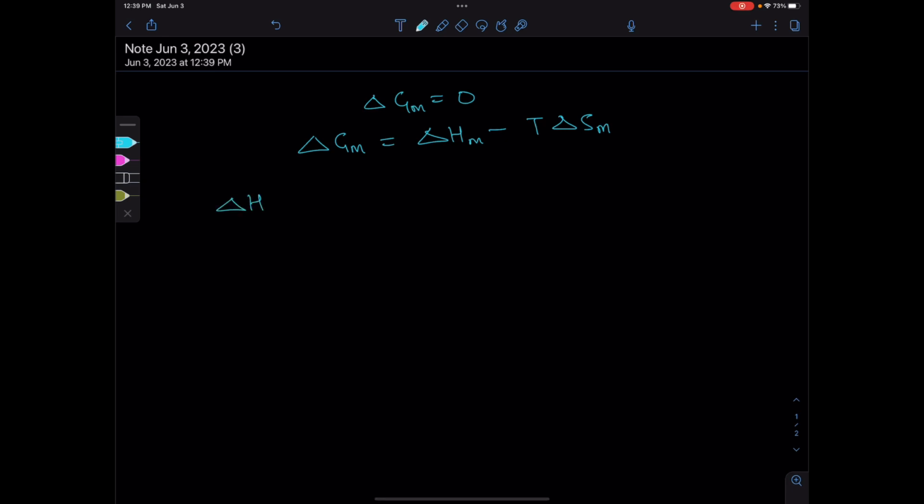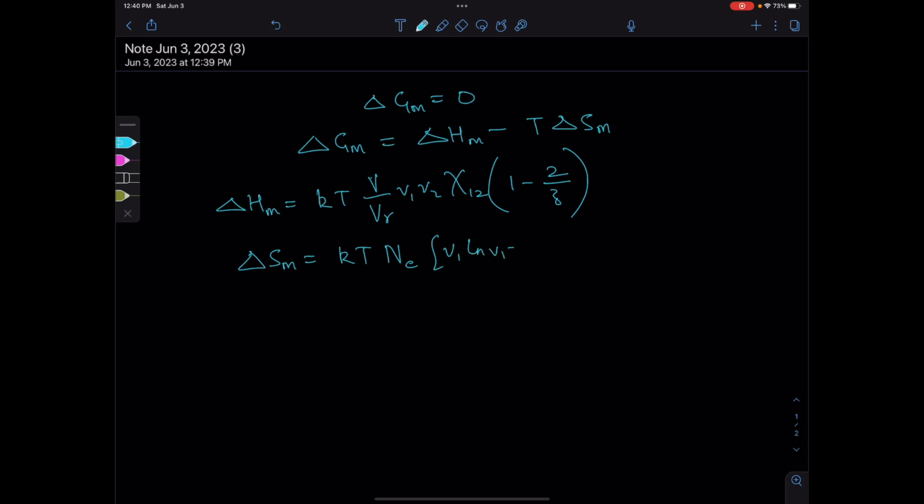So delta Hm is kT times V over Vr times v1 v2 chi12 times 1 minus 2 over z, and delta Sm equals kT times Nc times v1 ln v1 plus v2 ln v2. Nc is the number of polymer chains per unit volume.